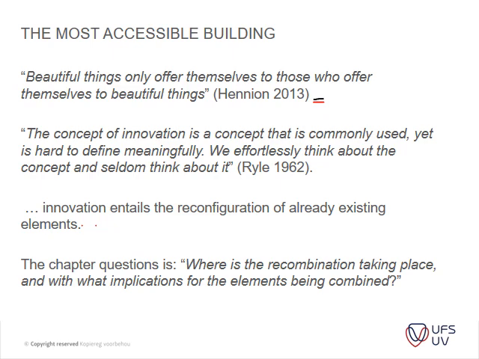If you remember, chapter 3 is all about the case study of designing the most accessible building, and the people who did the design had to get rid of some ambiguities to get a proper design out there.